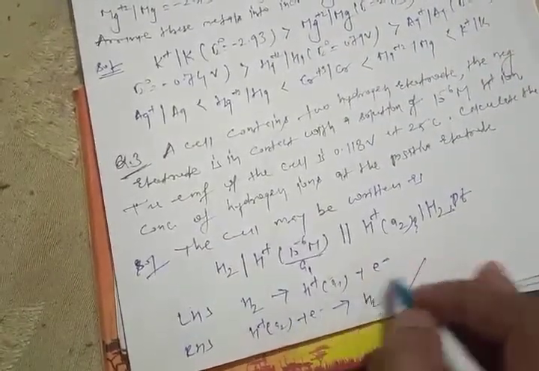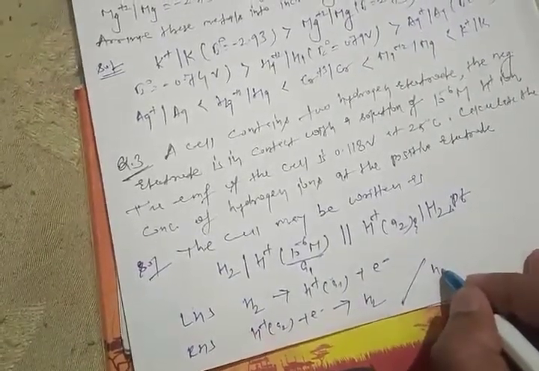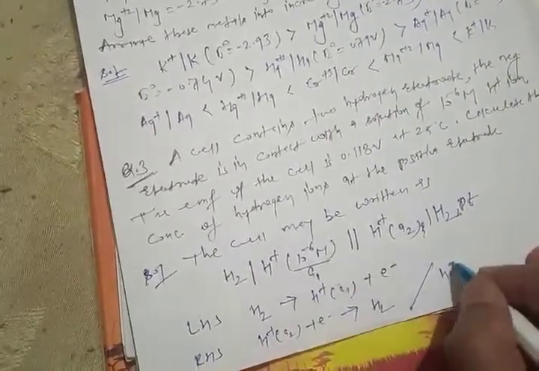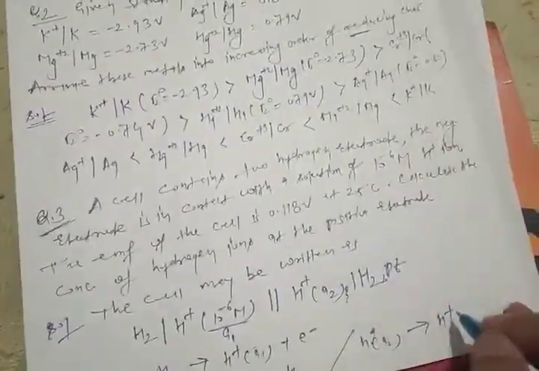So the overall will be what? These two will be cancelled out. So this is H plus A2 and H plus A1.